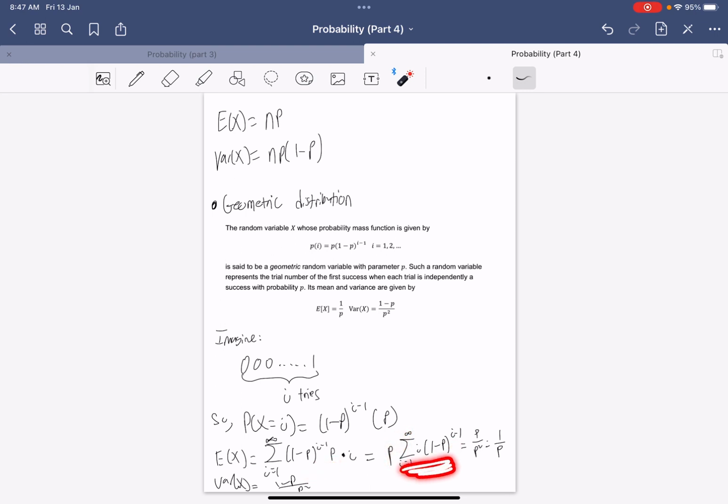And this thing reduces to 1 over p squared. I'll leave it to you to read the textbook to see it. As a result, the expectation is 1 over p. Similarly, the proof for the variance is in the textbook, and we just note that the variance is (1 minus p) over p squared. So the geometric distribution, in summary, has an expectation of 1 over p and a variance of (1 minus p) over p squared.